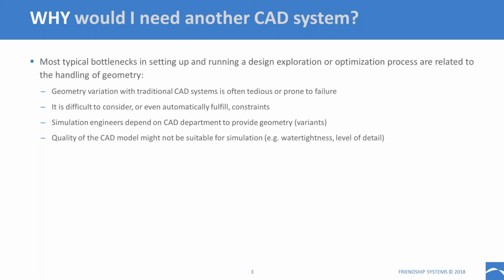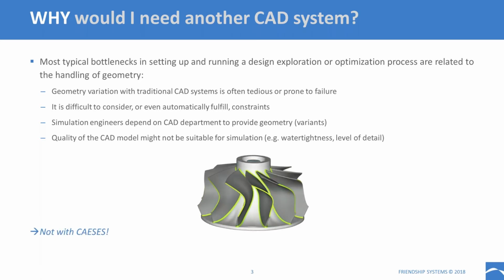And finally, we have a point that's related to the quality of the CAD model. So when you bring a CAD model into the simulation and you want to generate a mesh, for example, a CFD mesh for this model, the quality is not necessarily suitable. So the geometry is maybe not watertight, or you have too much detail in the geometry that you don't necessarily want to consider in your simulation, and so on.